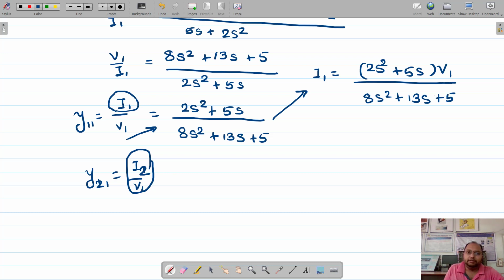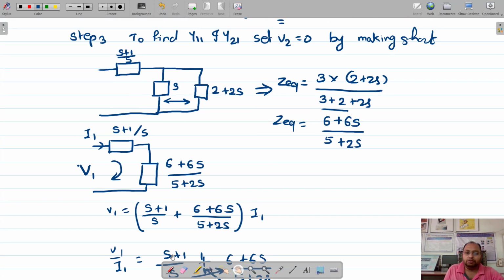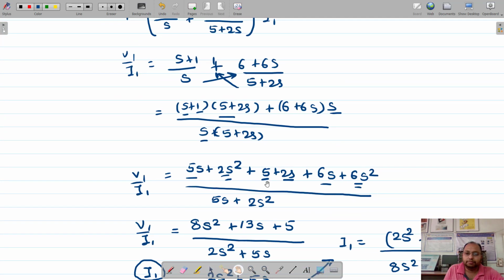Okay, fine. And now pay attention, what is I2? I2 is over here, no? This is I2. This current is going to flow in this direction, so therefore we are going to find out minus I2.